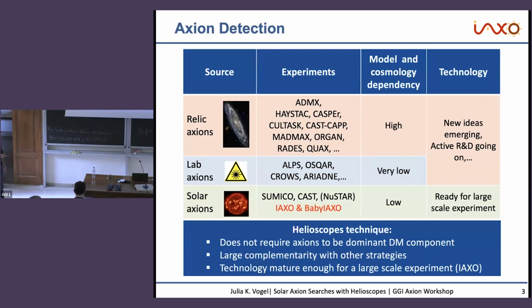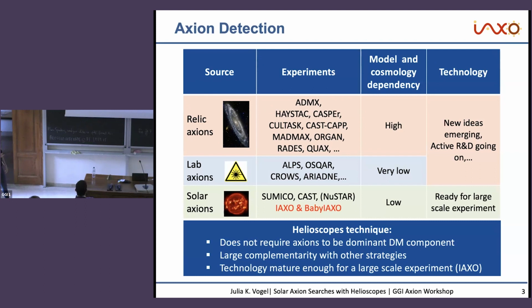In terms of technology, for these first two categories, a lot of new ideas are emerging, as we've heard over the course of the workshop and this conference. There's active R&D going on, while this third category is basically very mature technology, and it's ready to be scaled up. So we can do a brute force approach and scale CAST up to become IAXO.